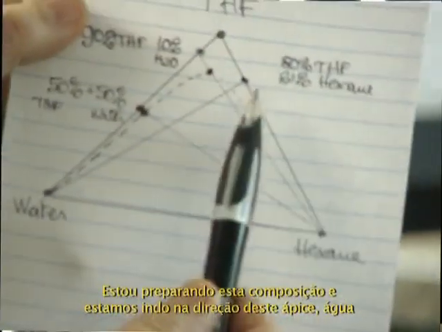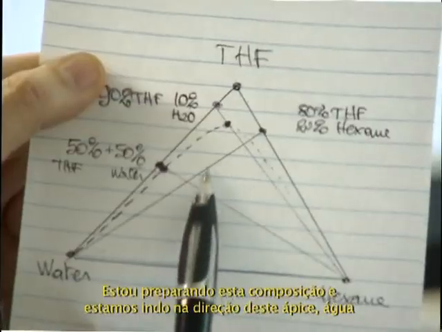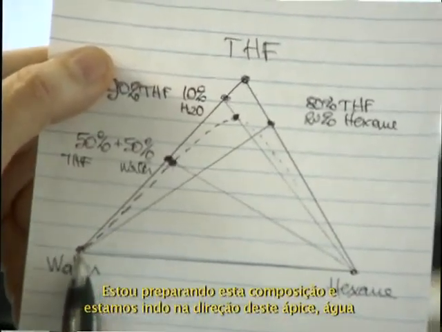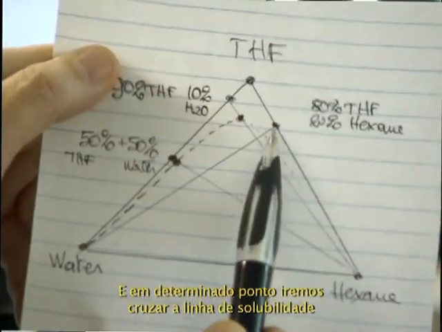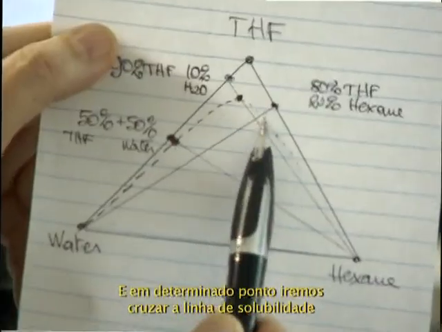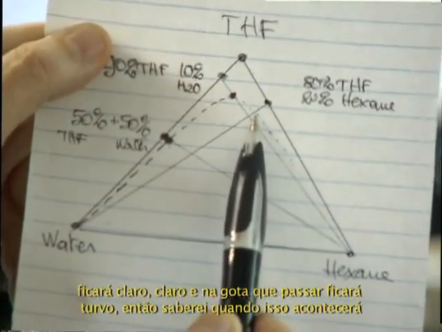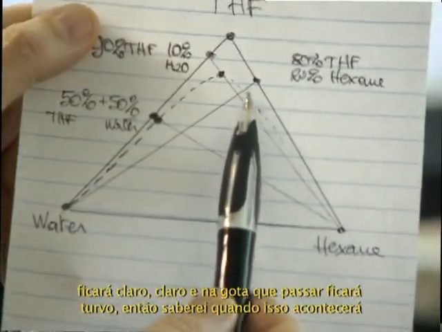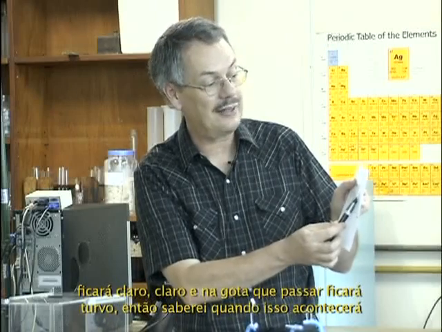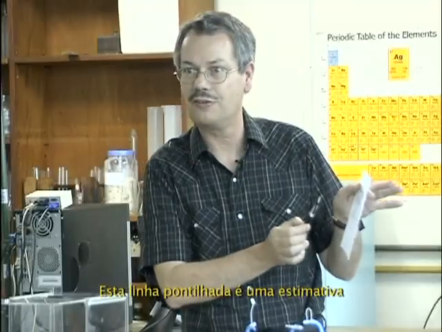So I'll prepare this composition, and we are moving towards that apex, water. At a certain point, we will cross the binodal curve. It will be clear, clear, clear, and at the drop we cross, it becomes cloudy. So I will know where this line is. This dotted line is an estimate I just put.